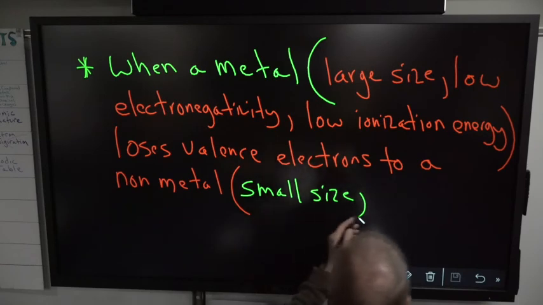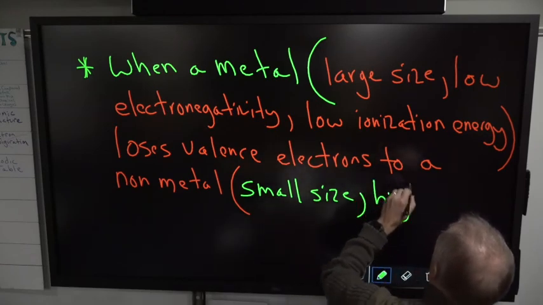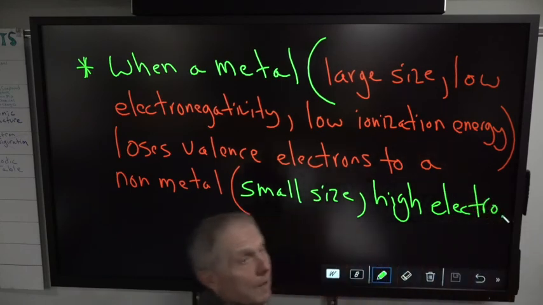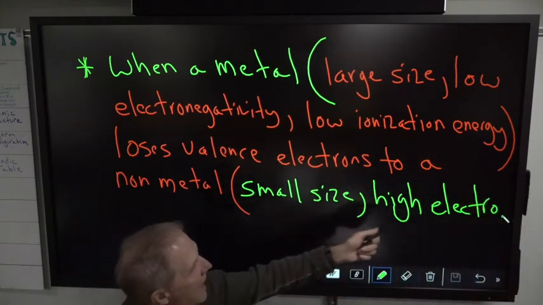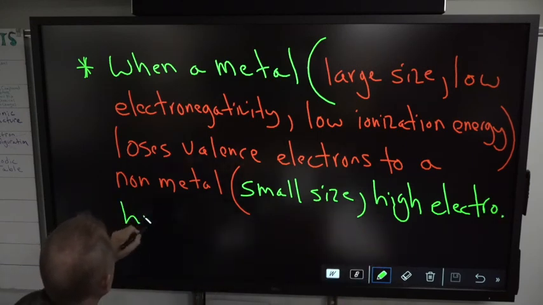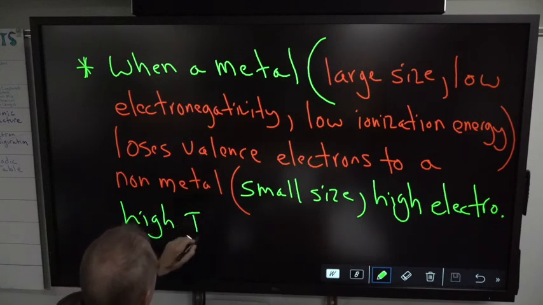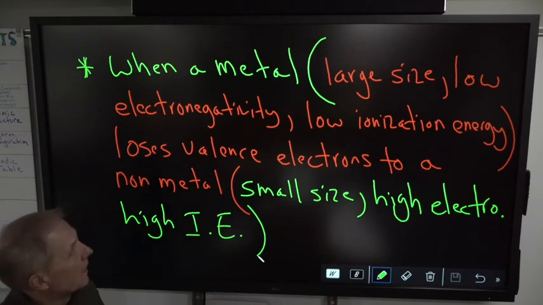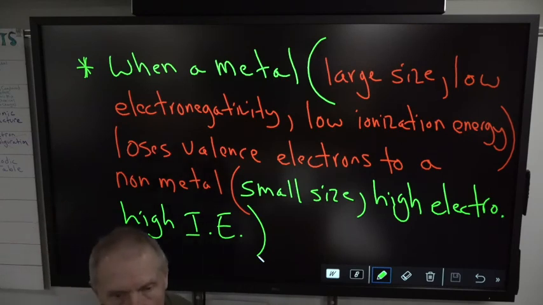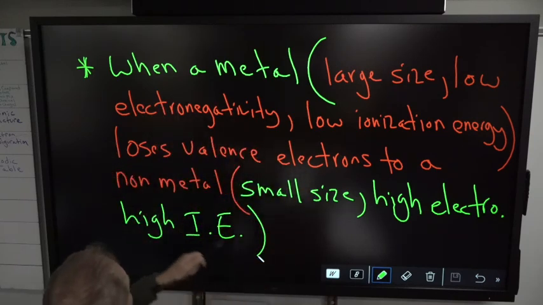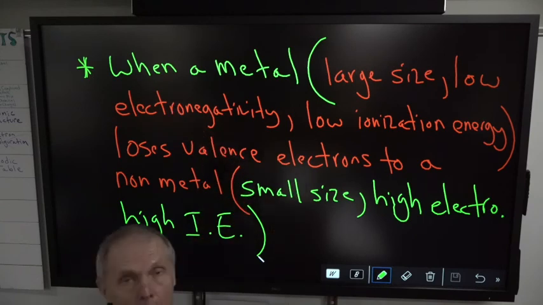So, small size, high electronegativity, and also high ionization energy. All right? So, when a metal actually loses valence electrons to a nonmetal, and here's the reason why.